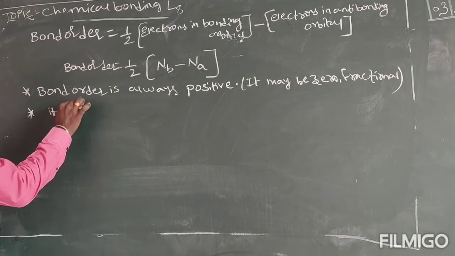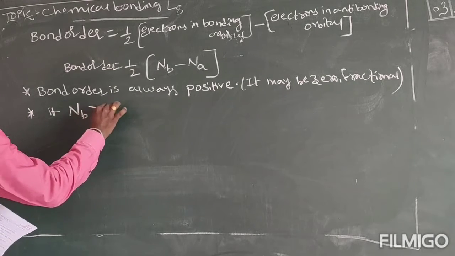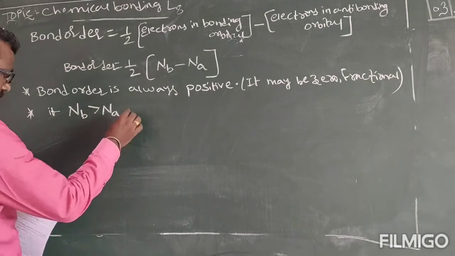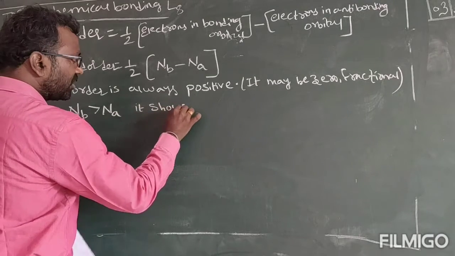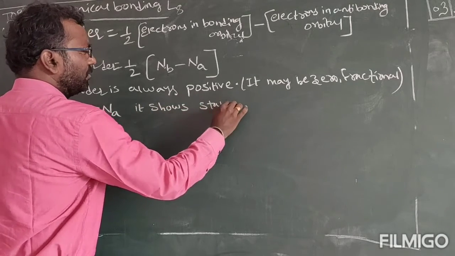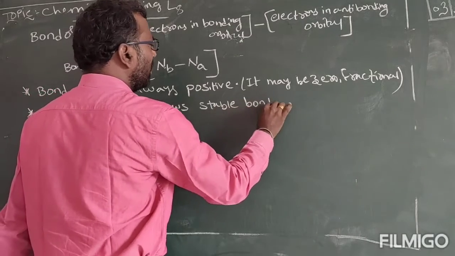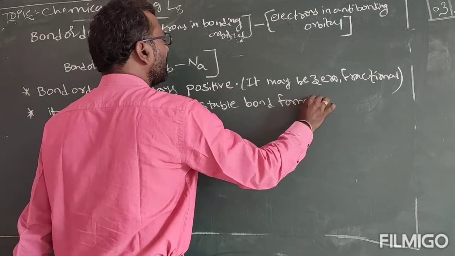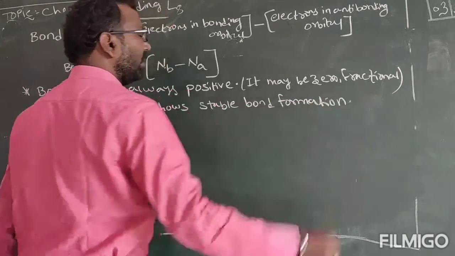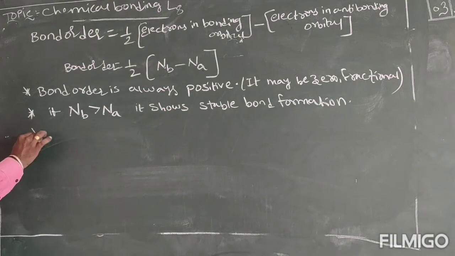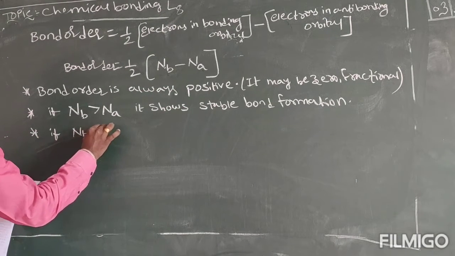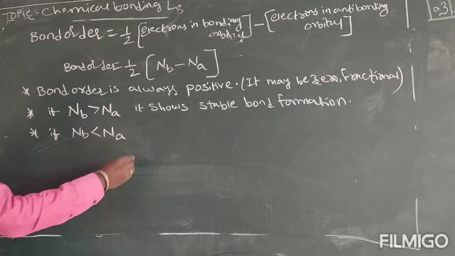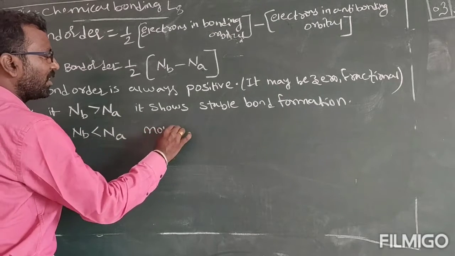If Nb is greater than Na, it shows stable bond formation. A stable bond formation will take place if Nb is greater than Na. Next, if Nb is less than Na, molecule does not exist.